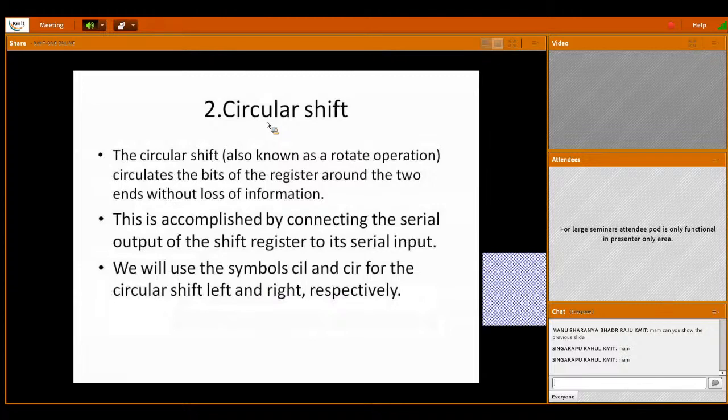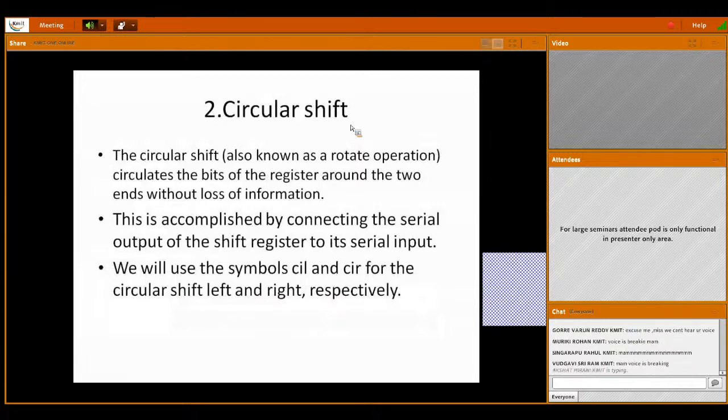This is also known as a rotate shift micro operation, because you are rotating the bits of the register from one end to the other end.